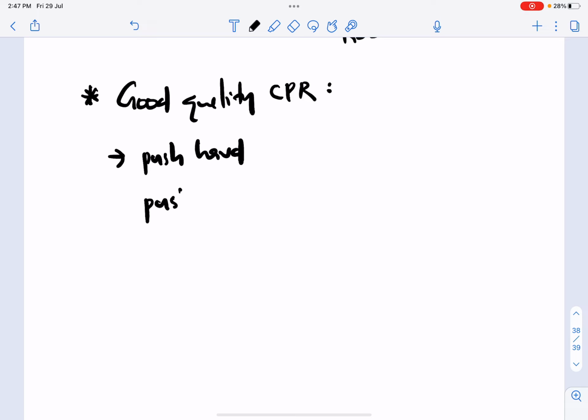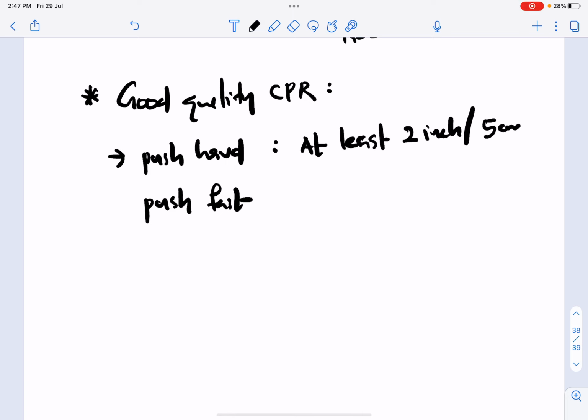Hard means the depth of CPR should be, in the case of an adult cardiac arrest, at least 2 inches or 5 centimeters, and give CPR at a rate of 100 to 120 per minute.